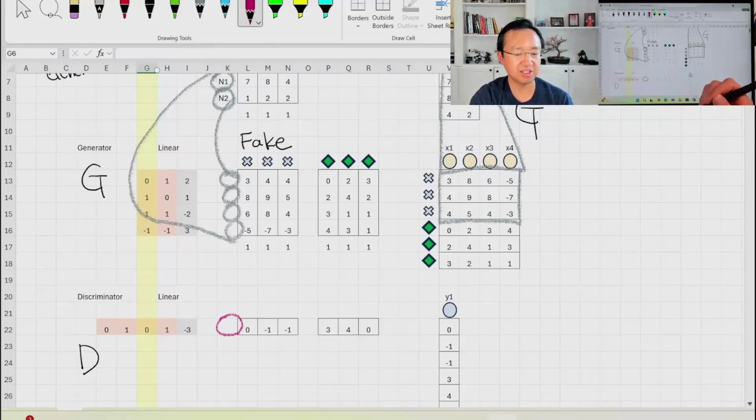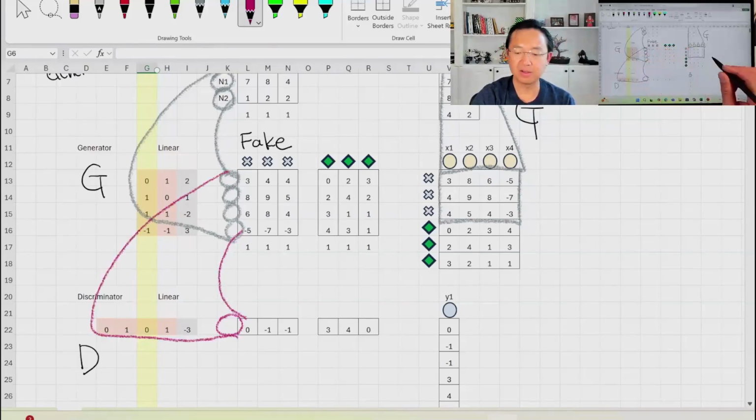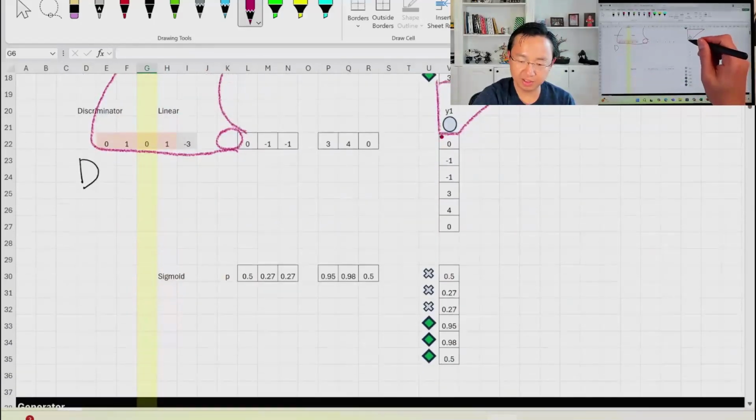Can you tell it is a face or not? This is why we have this 4-to-1 mapping in this case. Now the discriminator goes from 4 inputs to 1, because we're talking about a binary output, that is, is it real or not, going all the way down here.